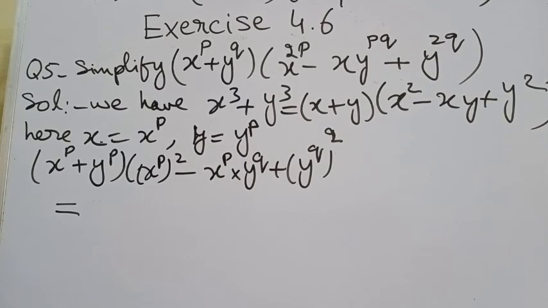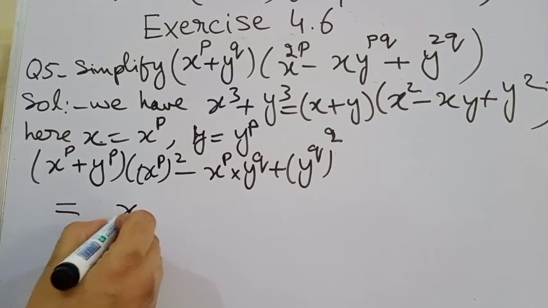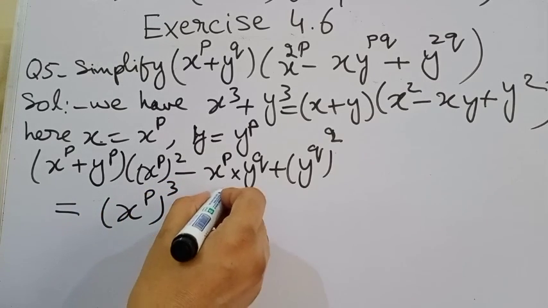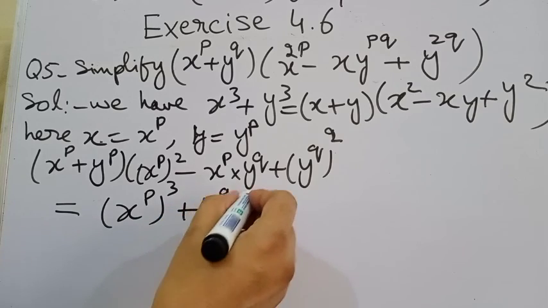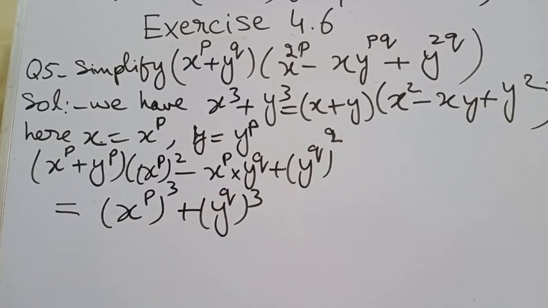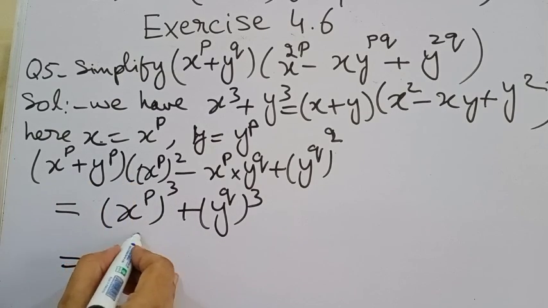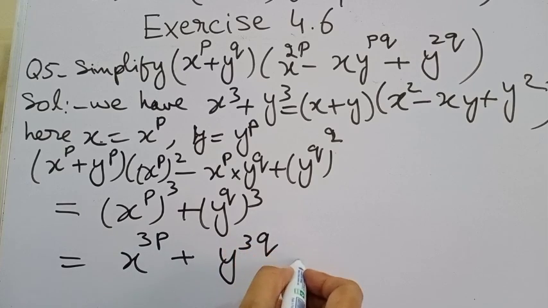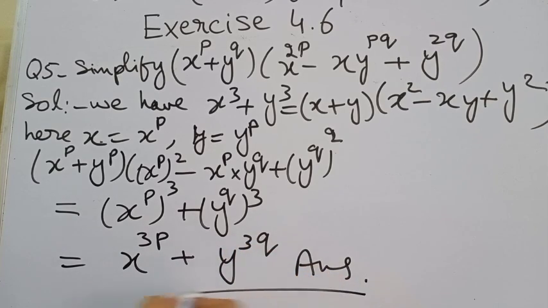We can write it as x raised to power p whole cube plus y raised to power q whole cube, which gives us, we multiply 3 by p, x power 3p plus y power 3q, which is our answer, and this completes our exercise.